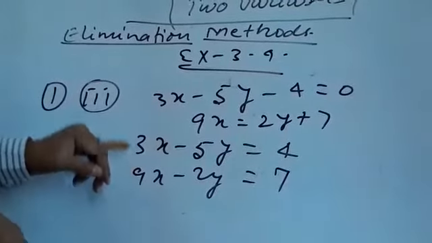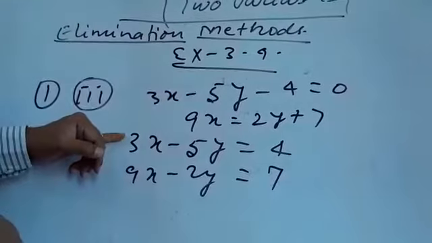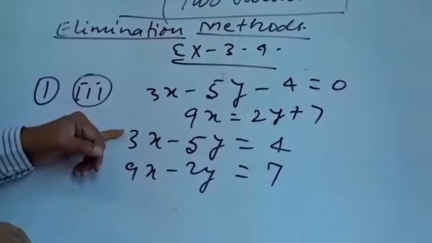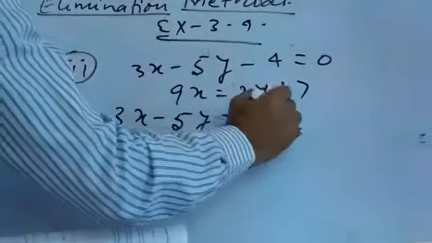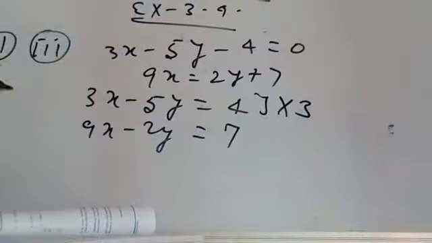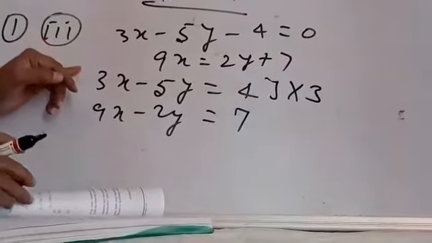Suppose here there is 9x. If we multiply this equation by 3, this also becomes 9x, and then we do addition or subtraction. Why have we multiplied this whole equation by 3? Because the 9x here would also become 9x.